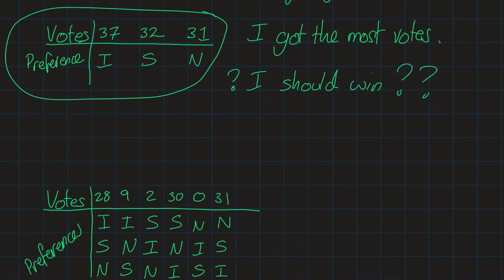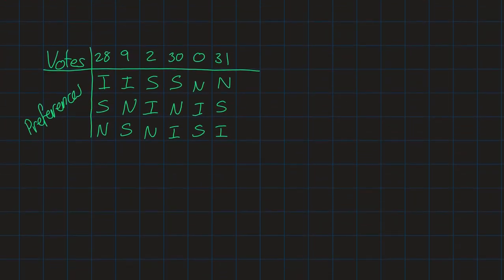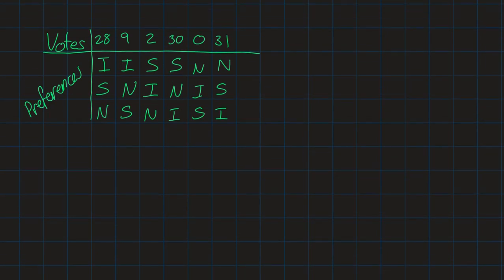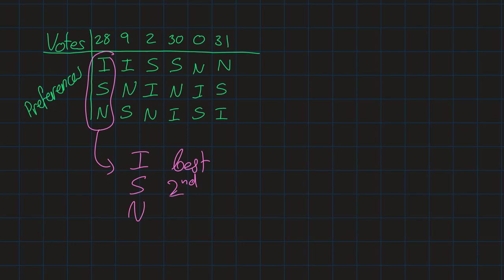So there's another election, and this is the result. The way you interpret this one here is I is best, then S second best, then N third best or last place. So that's how you interpret this.